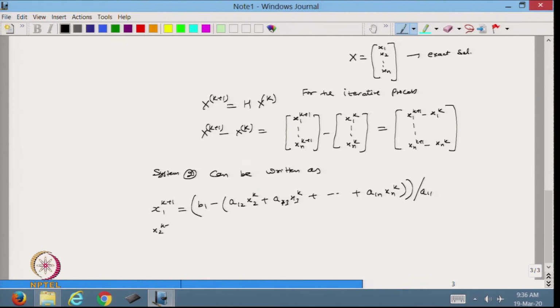The second equation would be the same as this one: b2 minus a21 x1(k) plus a23 x3(k) and so on up to a2n xn(k), and then I am dividing it by a22.